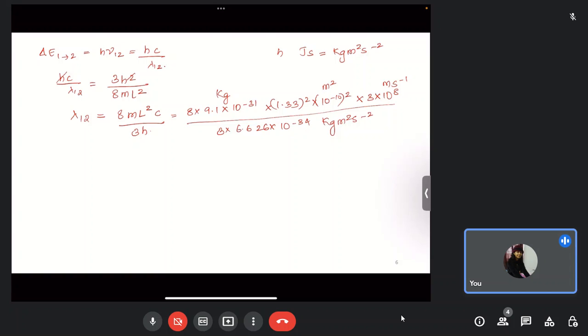Let's do the calculation. 8 into 9.1 into 1.33 into 3 divided by, basically these two 3 we can just cancel. This is coming to be 14.61 into, okay.